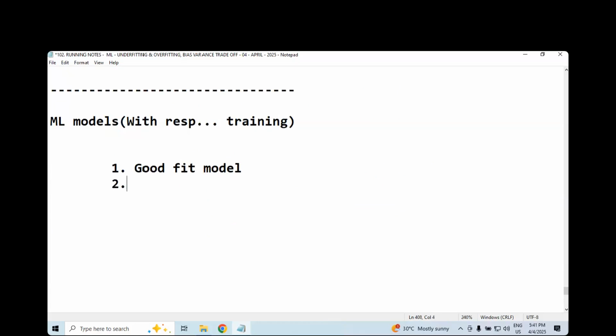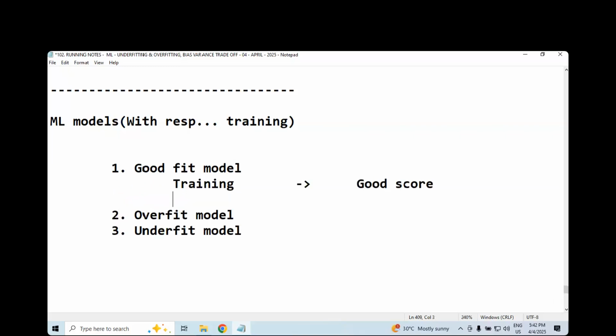The next one is the overfit model. What is the third one? Underfit model. What do you mean by a good fit model? Any idea? During training, good score, and during testing also, good score. That's it.